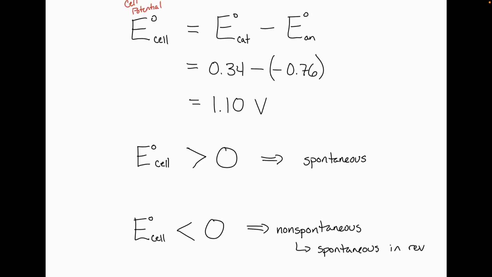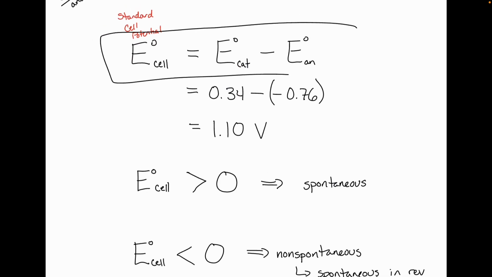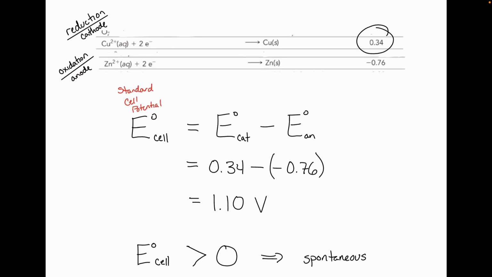Okay, so given our half reactions, we can figure out which one will occur at the anode and which one will occur at the cathode, and then we can look them up and use our formula for our standard cell potential here, where we take the value from the cathode and subtract the value from the anode.